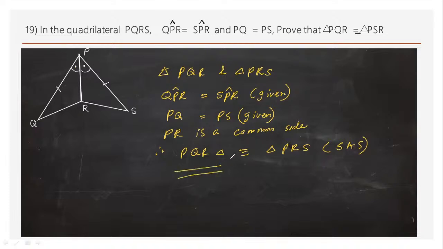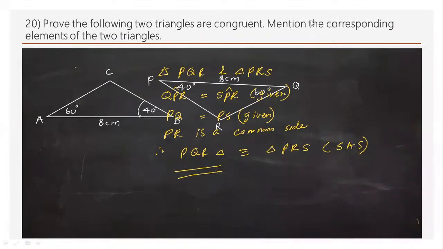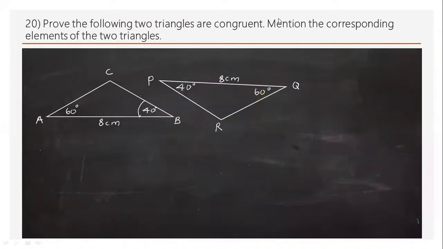Last sum. We'll go to the next last question. After that, we are coming back to the 17th one because there is a mistake and I want to correct the sum.